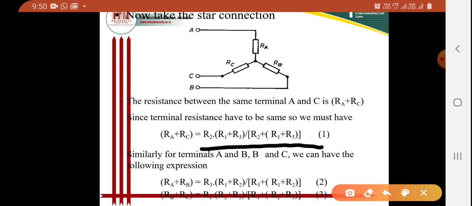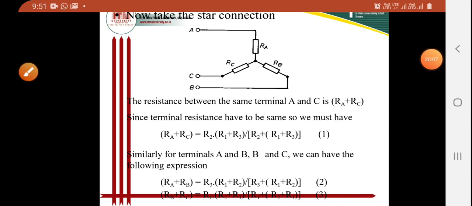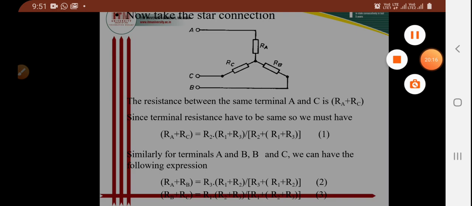And when we considered the star connection, the equivalent resistance between terminals A and C is RA plus RC. Clear?